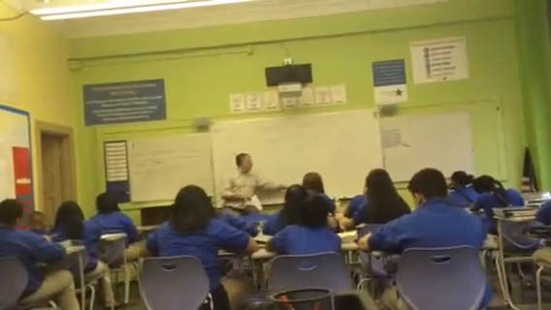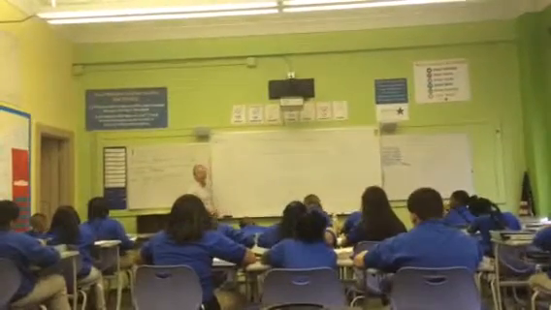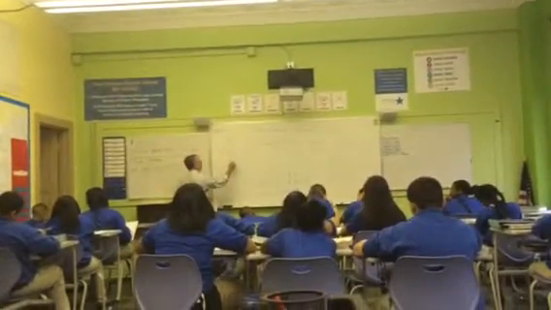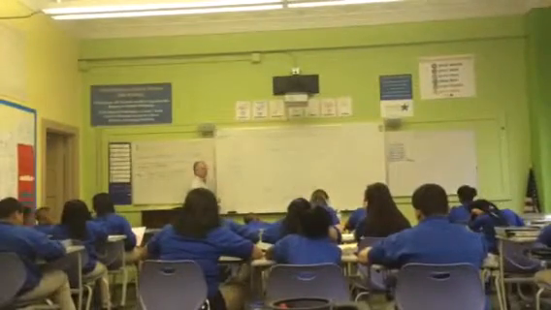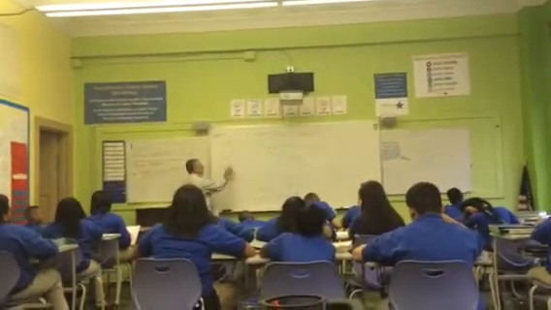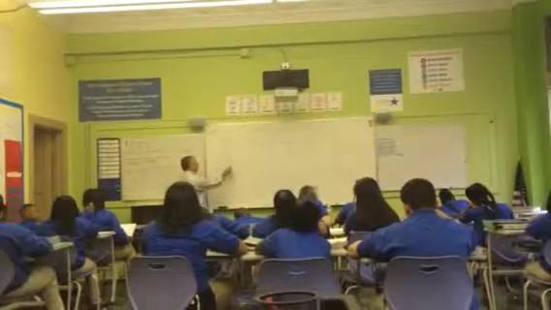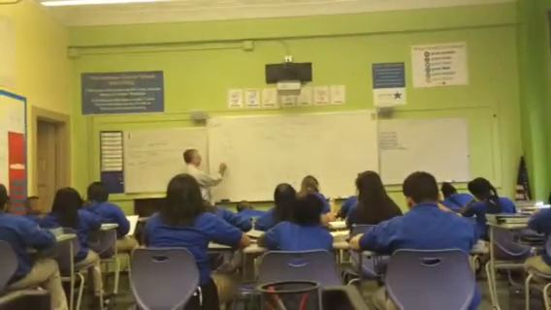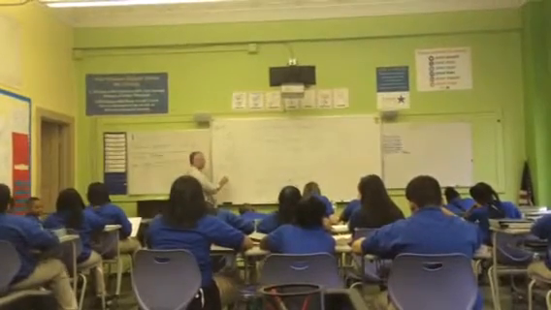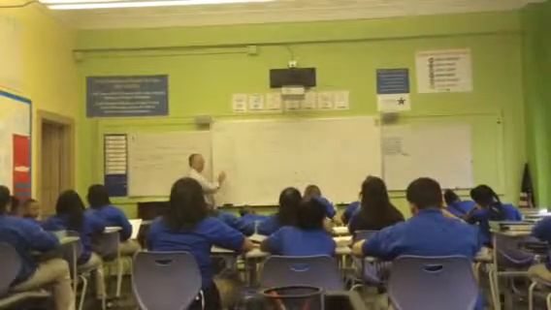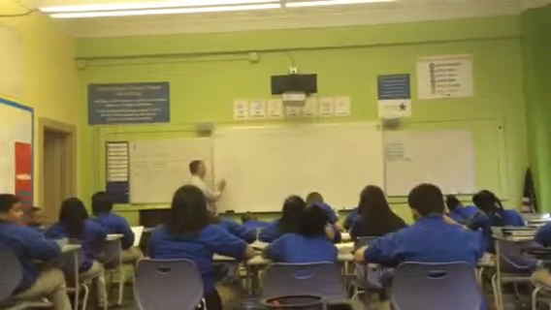Then go up to 1,000 times 0.25. 5 times 0, Johan? 0. 5 times 0 again, 0. 5 times 0 again, 0. 5 times 1 is 5. Then 2 times 0, 2 times 0, 2 times 0, 2 times 1.